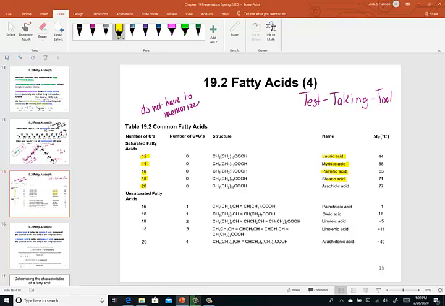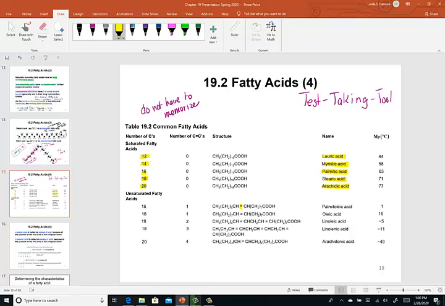And 20 carbons, arachidic acid. Good work.